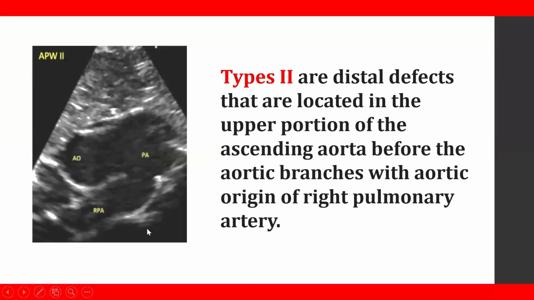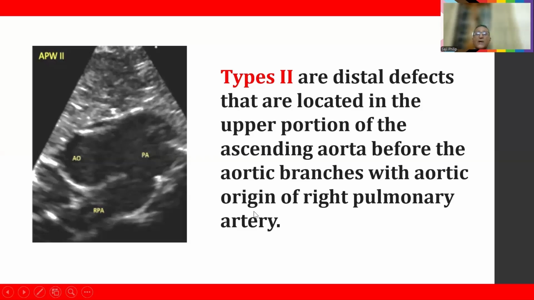Type 2 is a little bit distal defect, located in the upper portion of the ascending AO before the aortic branches. So this is a little bit upper portion, a distal defect, but still near the orifice of the RPA.